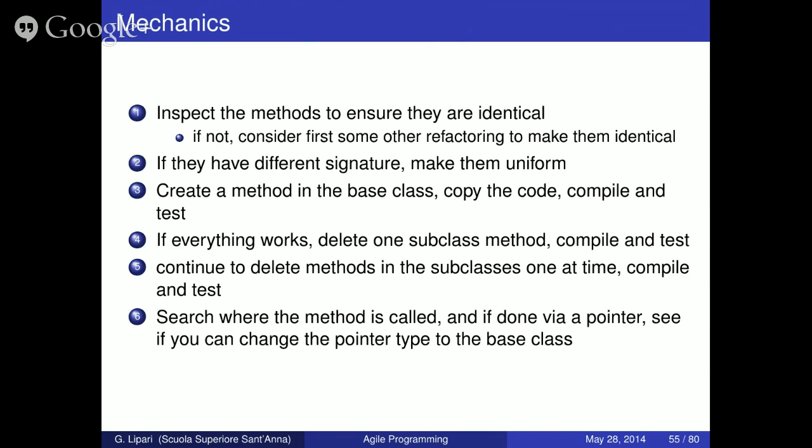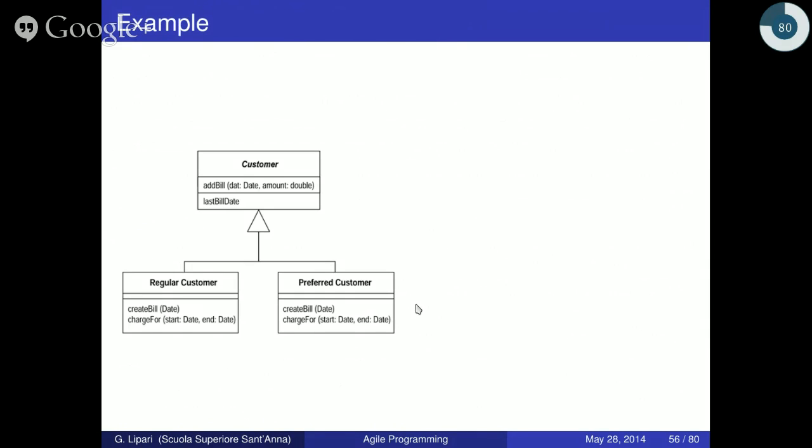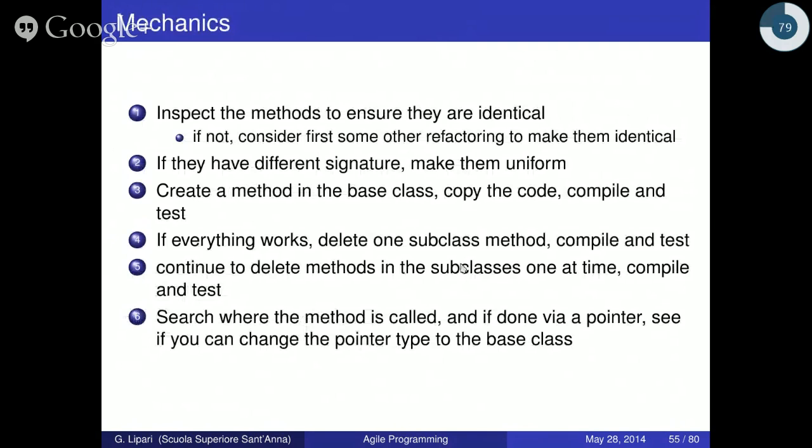If everything works, you delete the second, compile and test, and so on. Until you just finish and you have pulled up everything. Okay? Search also where the method is called, and if done via pointer, see if you can change the pointer type to base class so that you can generalize even more.